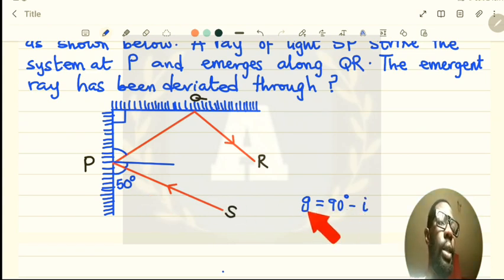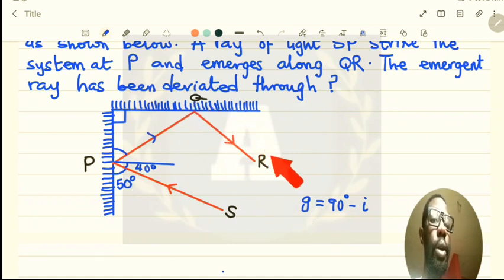So the glancing angle is 50, and the angle of incidence here will be 40 degrees. So the reflected angle to this mirror is also 40 degrees. Then the glancing angle here will be 50 degrees.